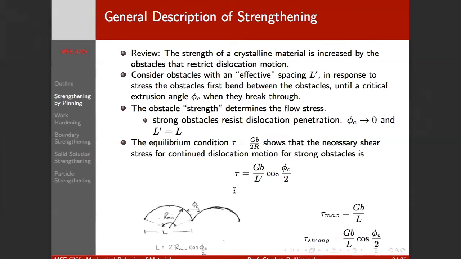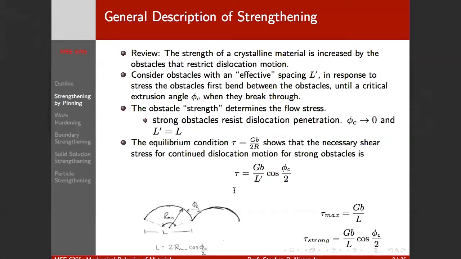So we have this effective spacing L prime, and if we go back and look at our Orowan-Bowing equation, the dislocations are going to bend between the obstacles until they reach some critical angle and break through. That critical angle could be for looping, or for shearing of the particle, if the particle is not strong enough. So this obstacle strength directly determines the flow stress.